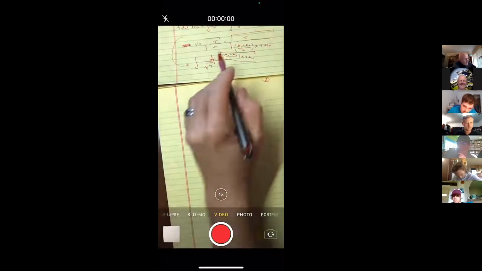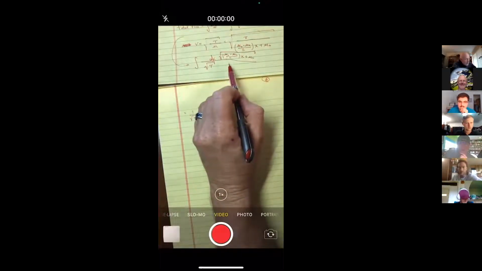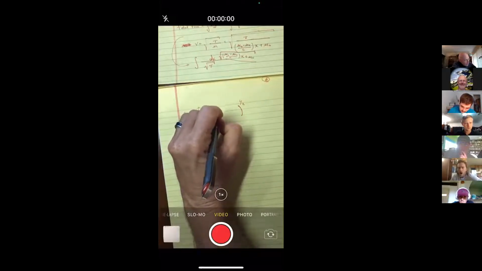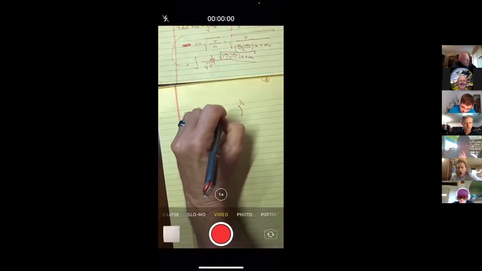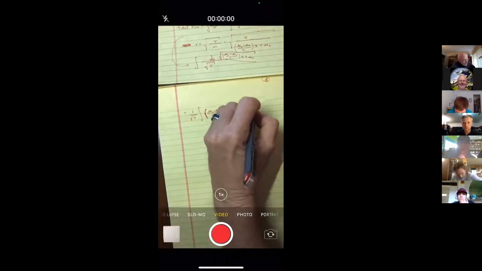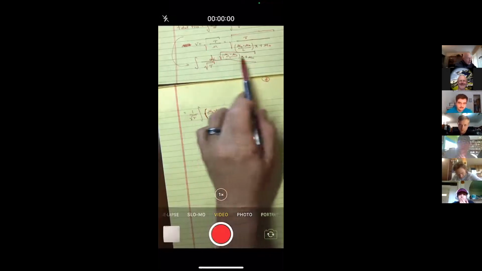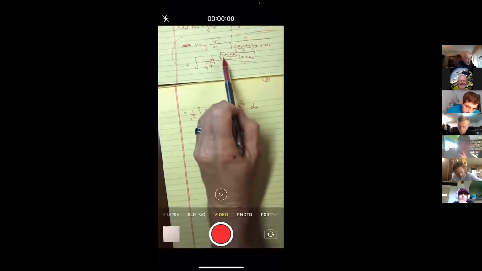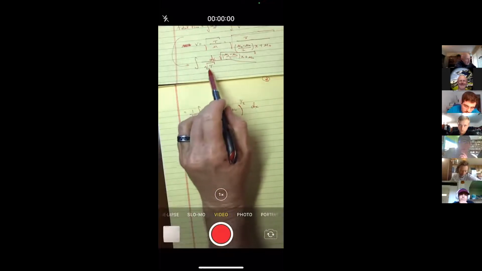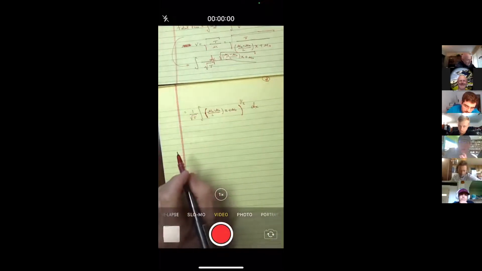How about that? But writing this here as mu L minus mu naught over L times X plus mu naught and then the dx. So I'll just change the order and write the square root as a power of 1/2 and then the square root of the tension in front of the integral.